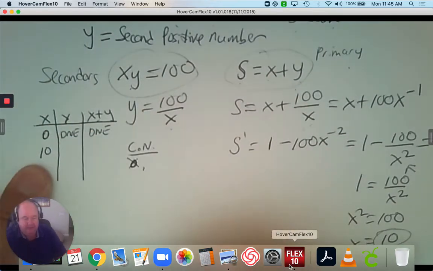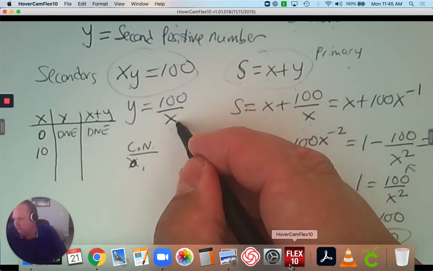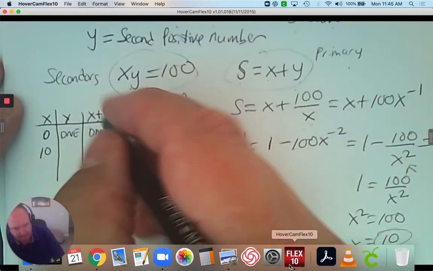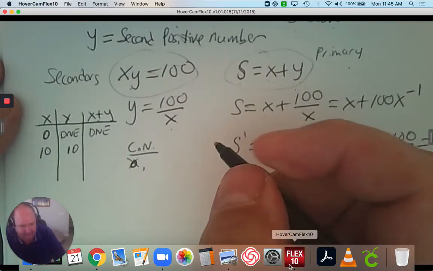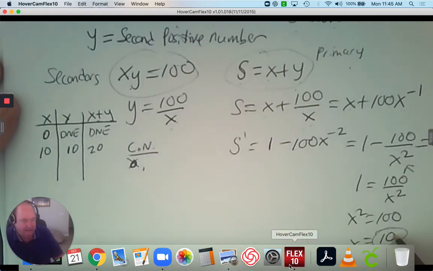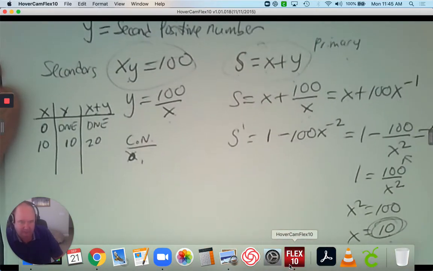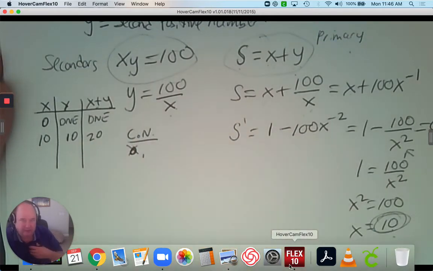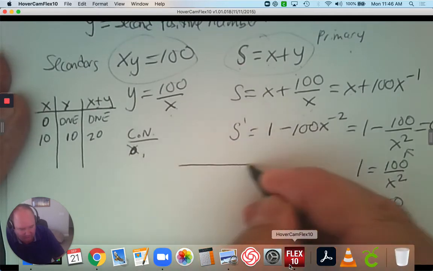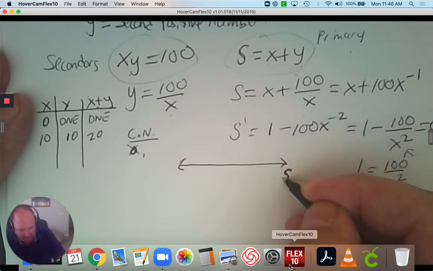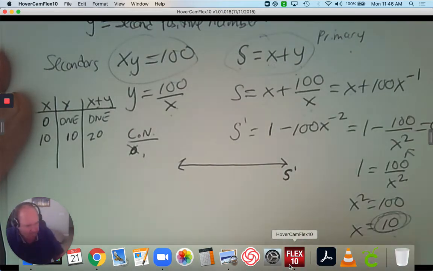So if x is 10, then plug in 10 here, and 100 divided by 10 is 10, and then add it together and you get 20. So using that only critical number I found, I get the answer 20. Now the last thing I need to test is whether 20 is a minimum or a maximum. So I'm going to do a first derivative number line for s.